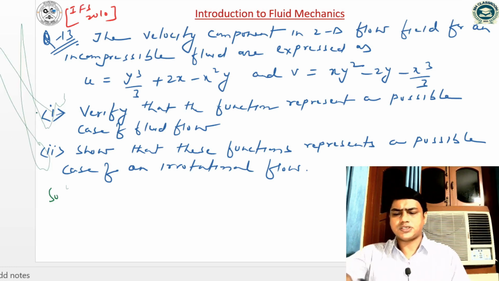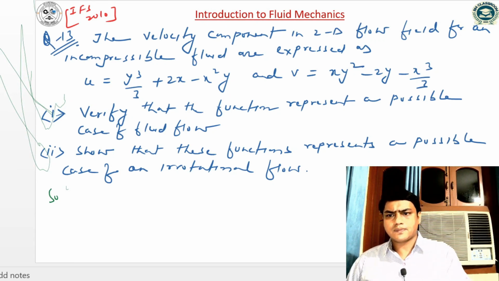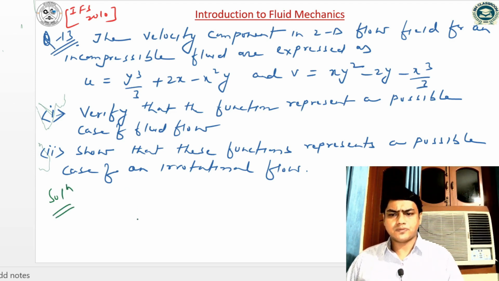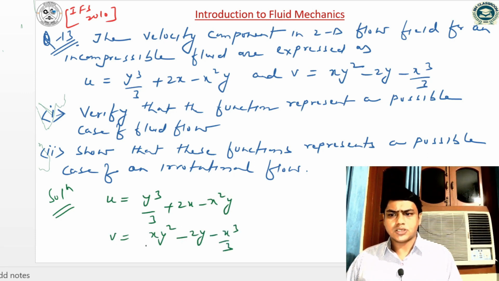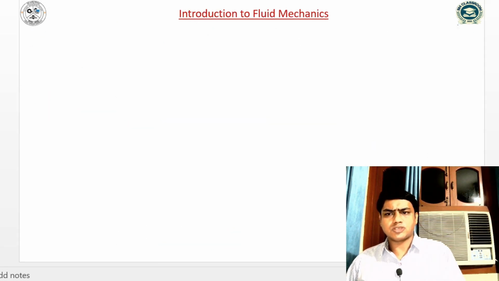So in the first case we have to verify. u is y cube by 3 plus twice x minus x square y, and v is equal to xy square minus twice y minus x cube by 3. First part, we have to check whether flow is possible or not.